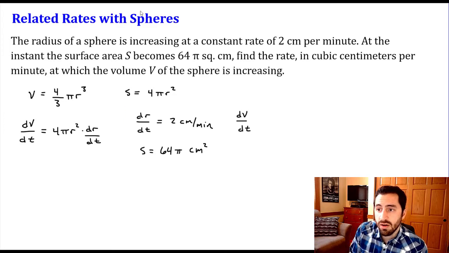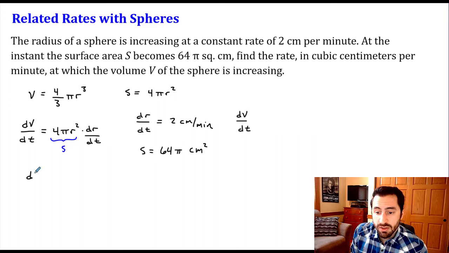Now this is where our second formula is actually going to come in. This 4 pi r squared is our surface area, so that's the other formula we laid out up here. That means I can substitute this entire expression with 64 pi, the surface area that we're given. And while we're doing that, why don't we substitute in the other things we know?